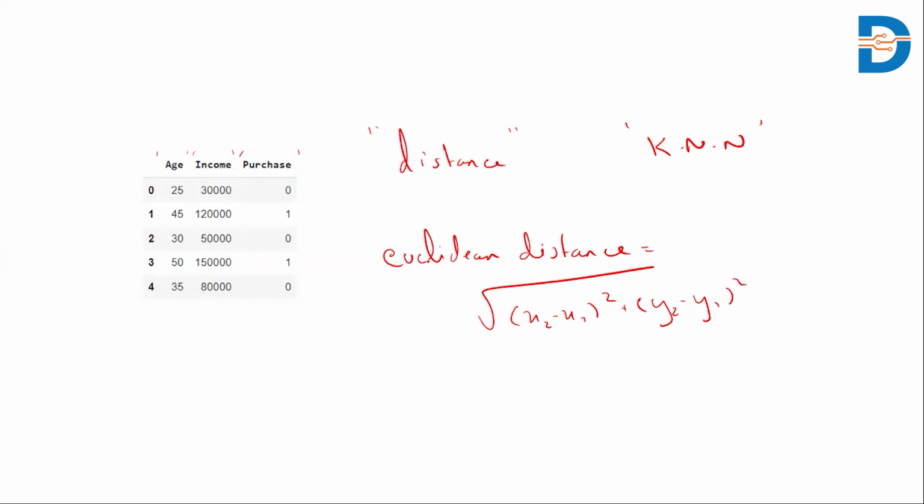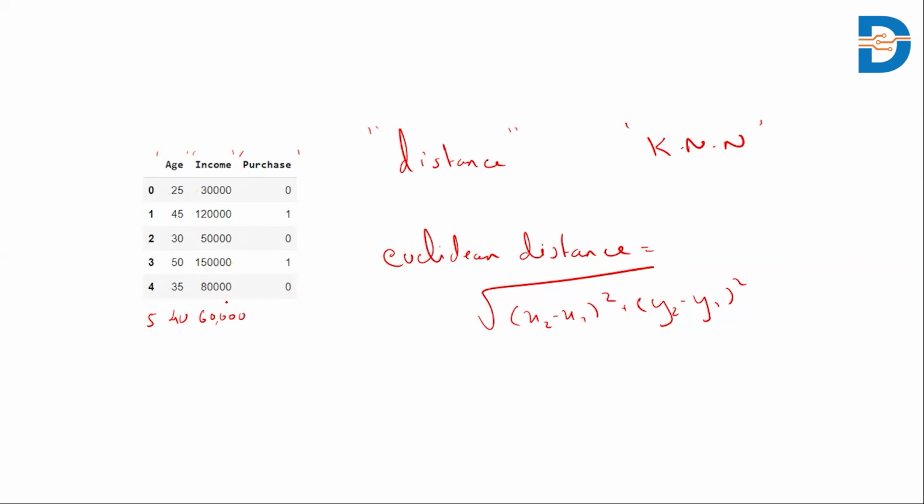So imagine that a new person comes along into this data set. He is about, let's say, 40 years old and is earning about 60,000. My intention is to make the prediction of his purchase. So if I'm going to implement this KNN algorithm, my first step would be calculating the distance of this new data point from the existing data points.